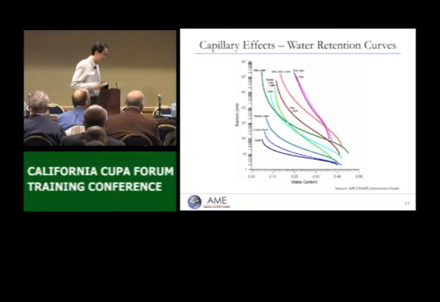Here we give one example, which is the capillary effects. This type of plot is usually called a water retention curve. At the bottom, the x-axis is water content, and the y-axis is the suction expressed in centimeters. Draw an analogy: you put a straw in a cup of Coke. You see that the Coke level in the straw is a little bit higher than the level in your cup. So that's a capillary effect. It sucks things up. And you can also think of this suction as some kind of pressure head.